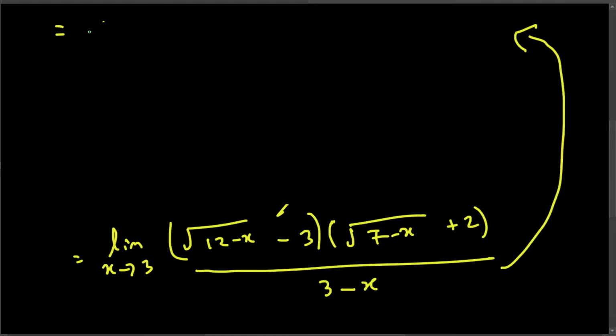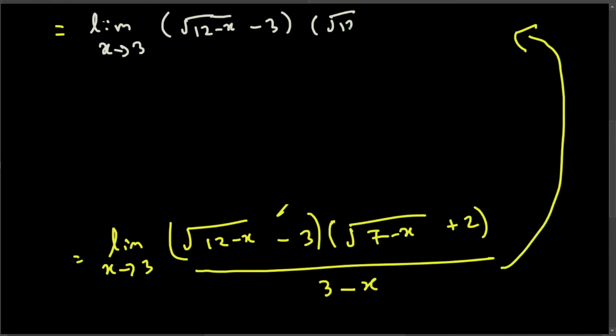If we do that, this is going to be limit x approaches 3 and then square root of 12 minus x minus 3, and I'm going to take the conjugate of this, square root of 12 minus x plus 3, and we still have this square root of 7 minus x plus 2 here, so I'm going to write it at the end.